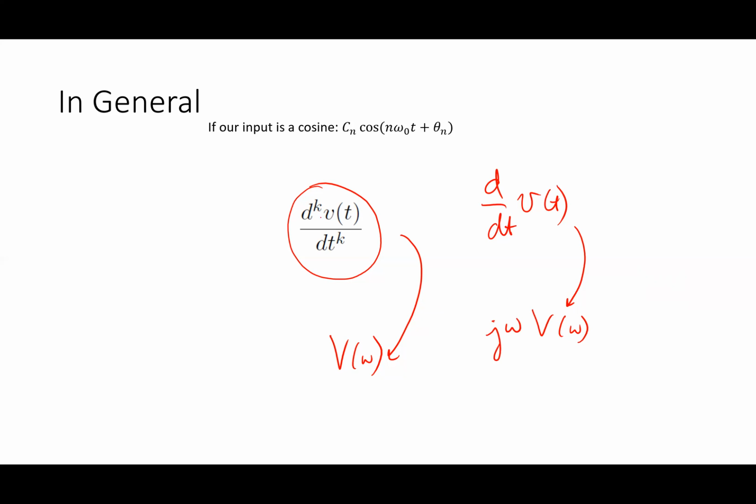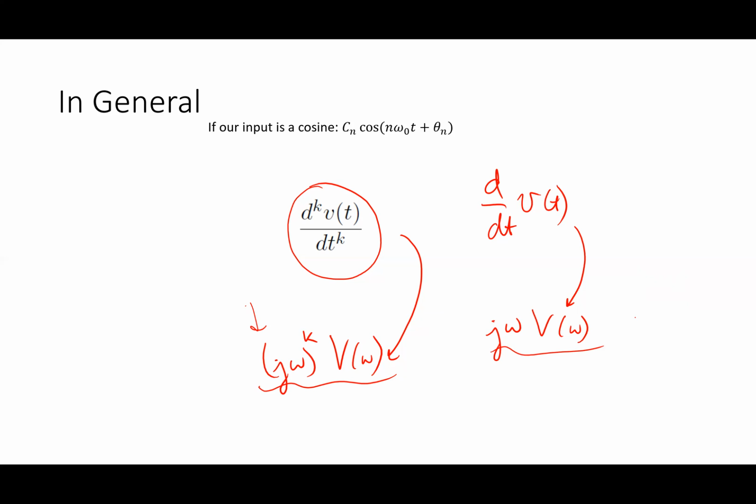So if I take the kth derivative, I replace that with j omega to the kth power. All right. This here is the Fourier transform of the derivative. In this case, the one I show on the left is the Fourier transform of the kth derivative. This guy is the Fourier transform of the first derivative.